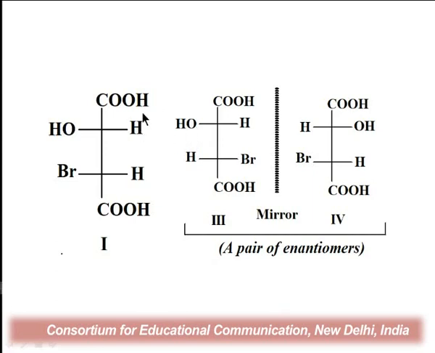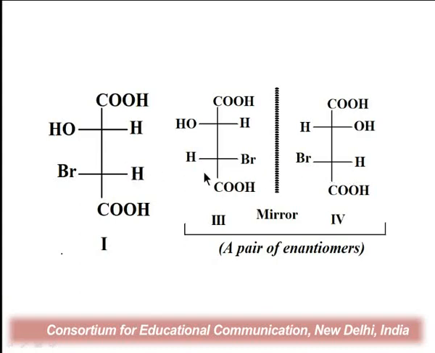So now let us again compare 1 with 4. When we compare 1 with 4, we find that this structure behaves similarly: the orientation of groups at the second chiral carbon is different, that is OH here is on the left hand side, whereas here OH is on the right hand side, and again the orientation around the first chiral carbon is the same.